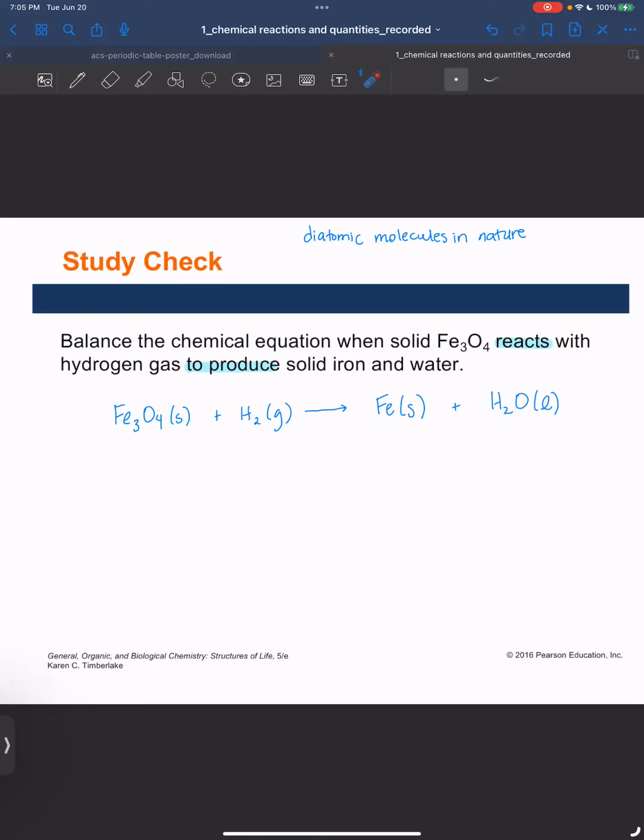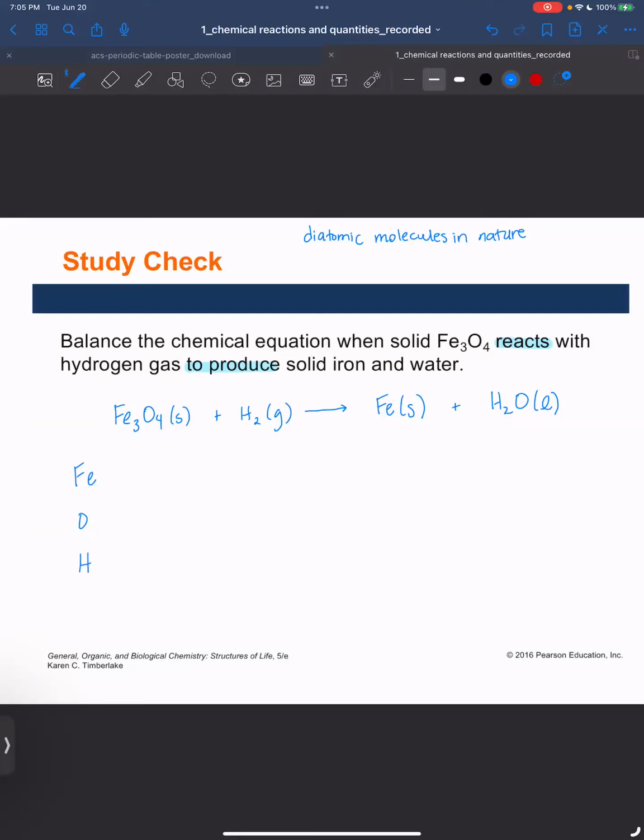So now this is where you want to pause the video, try to balance the equation on your own, and then check your work with me when you're done. All right, so I'm going to go ahead and do the table. Like I said, this is how I learned how to balance chemical equations efficiently.